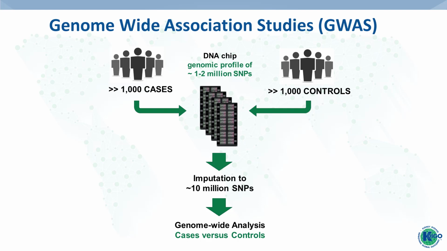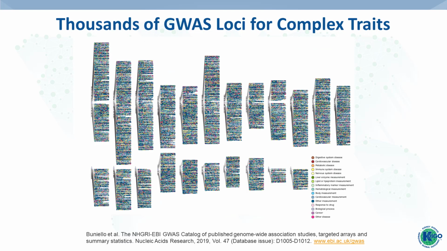In a typical genome-wide association study, the frequency of various alleles at these typed or imputed loci is compared between cases and controls to identify risk alleles and protective alleles. This is a standard design that has now been used for a variety of different phenotypes over the last 15 years. And with this design, thousands of different GWAS loci have been discovered for different complex traits.